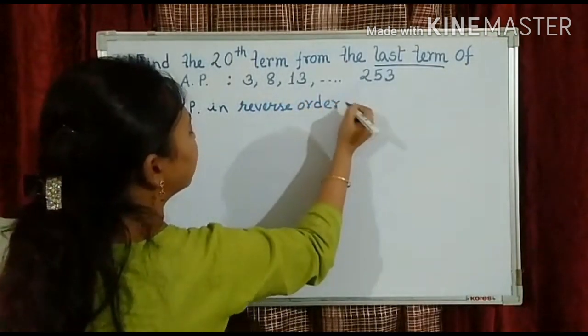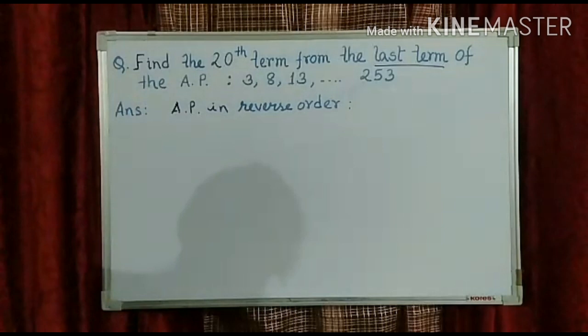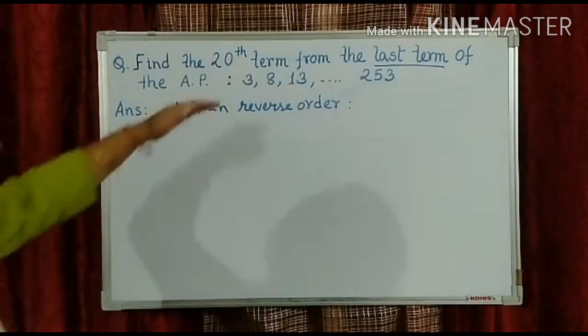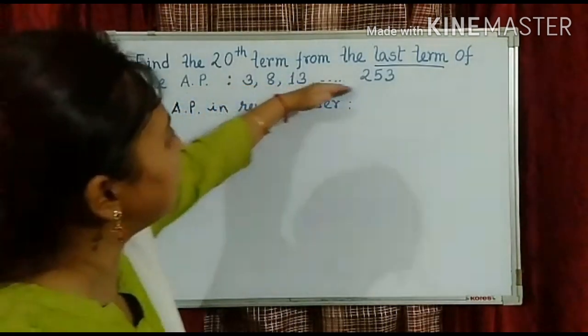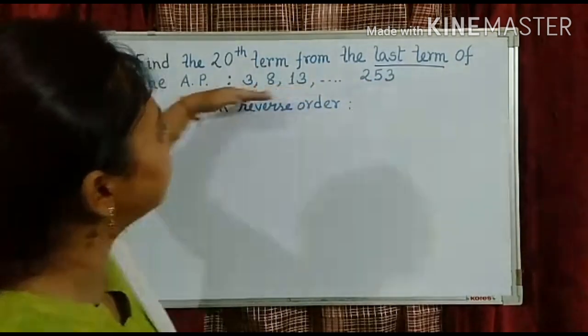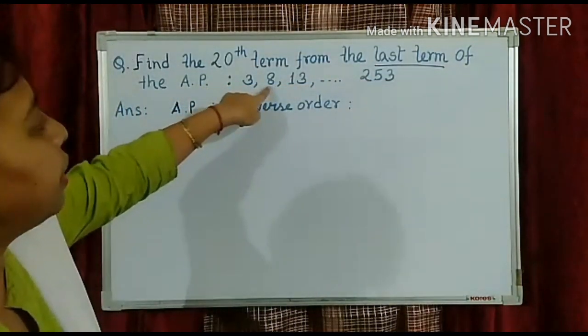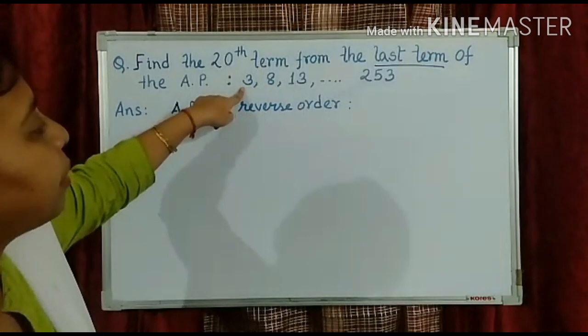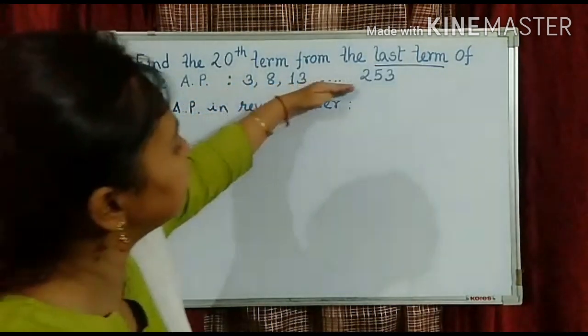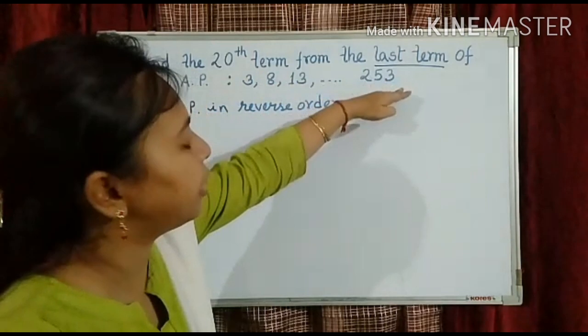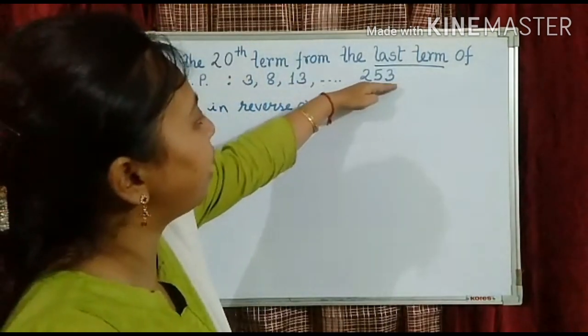Now look, in reverse order, how can we write it down? As you know, this is gradually increasing. By how much does it increase? What is the fixed number? If we subtract 8 minus 3, we get 5. So it increases by 5, 5, 5, 5 like this. So definitely from this side, it will decrease by 5, 5, 5, 5.